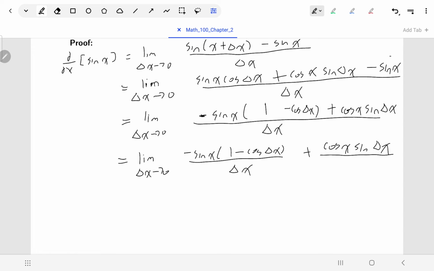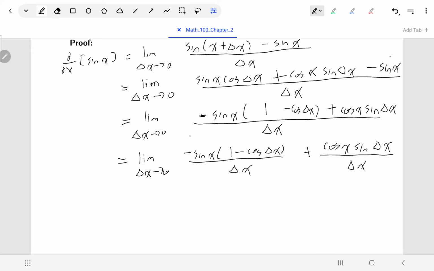Now, we've got some limit laws that can help us. If the limit exists for two terms, then the limit of the sum is just the two limits added together. Further, a constant times a limit still exists as well.